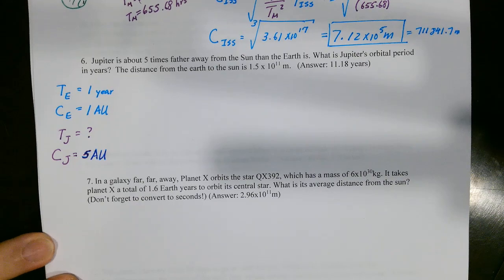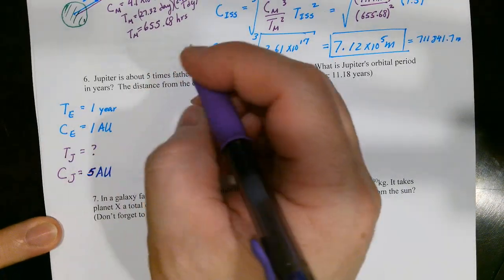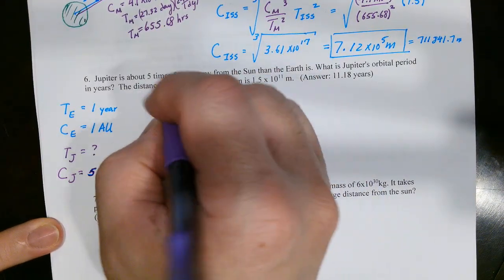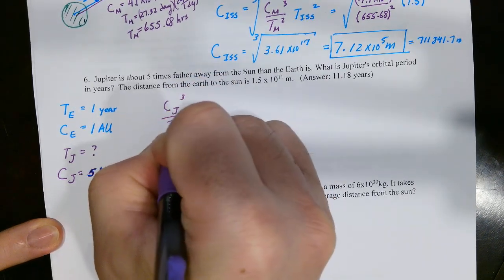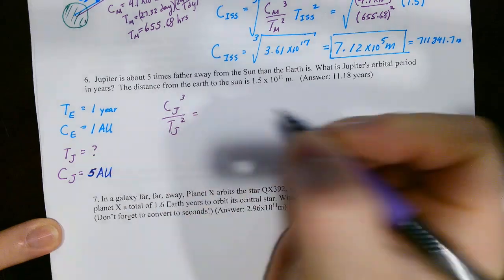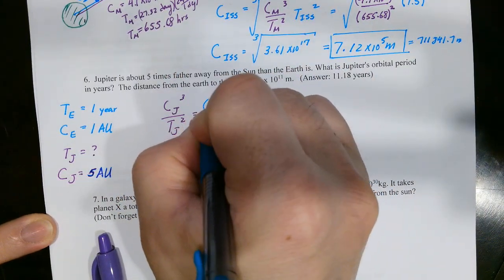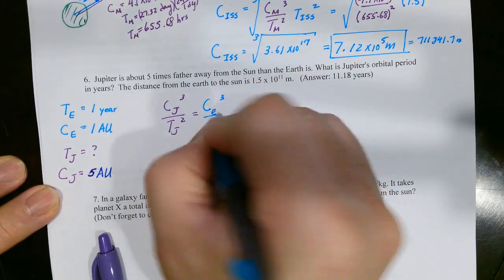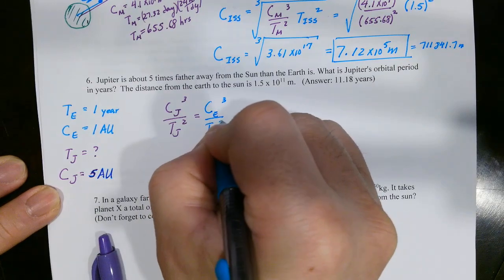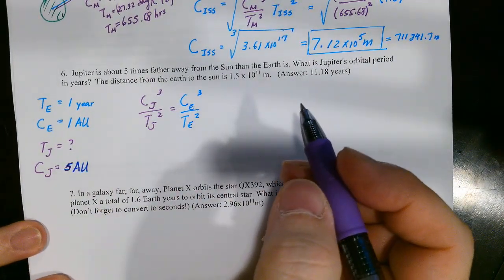So this is actually pretty simple when you think about it. You can say C Jupiter cubed over T Jupiter squared is equal to C Earth cubed over T Earth squared. We're looking for T Jupiter.